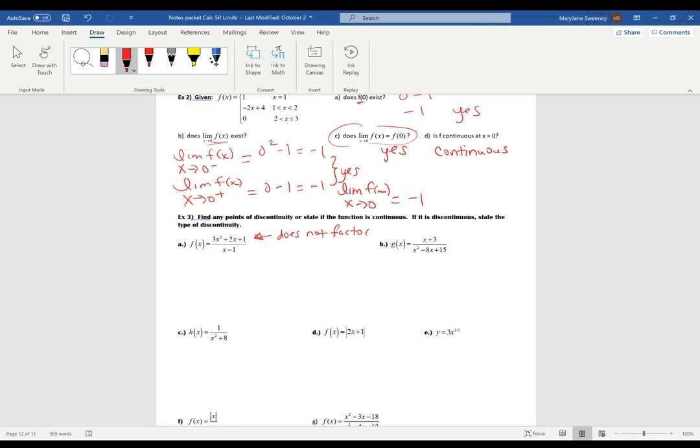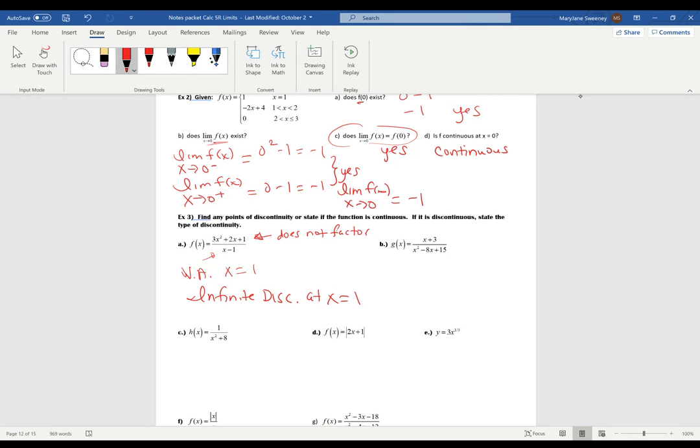Now I look for where the fraction is undefined. If it had a hole, it'd be undefined at the hole. This does not have a hole, but we never want the denominator of a fraction to equal 0. So there is a vertical asymptote at x equals 1. That's what would make that denominator 0, which means there's a vertical asymptote. That is infinite discontinuity at x equals 1. That is the type.